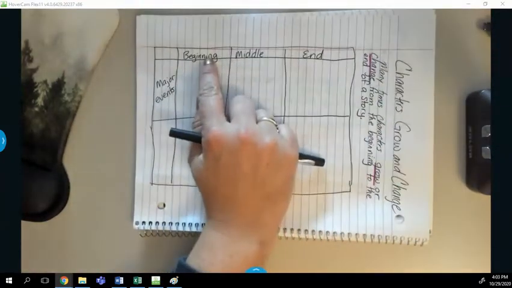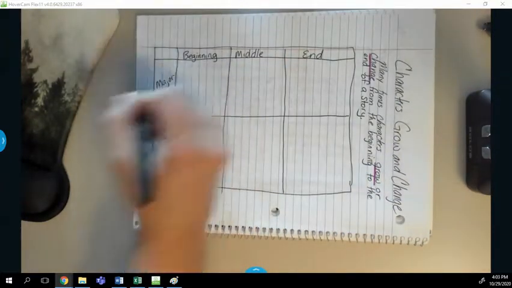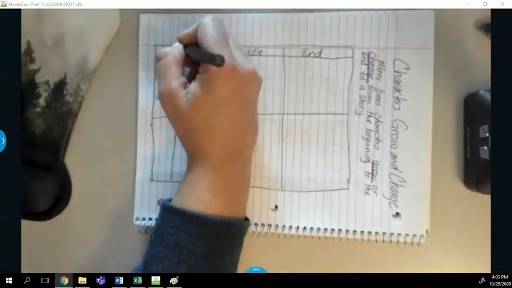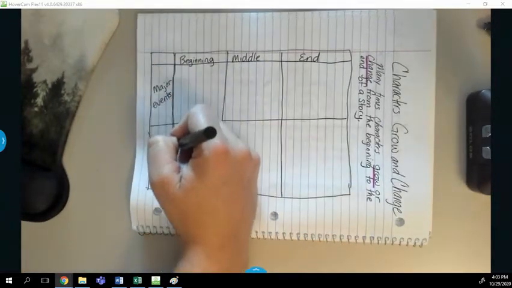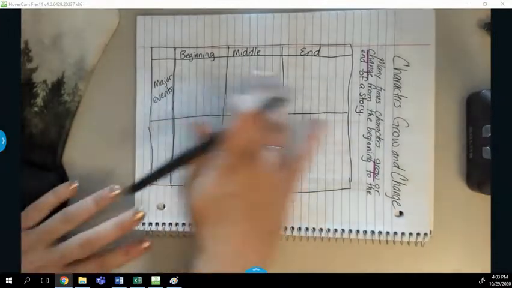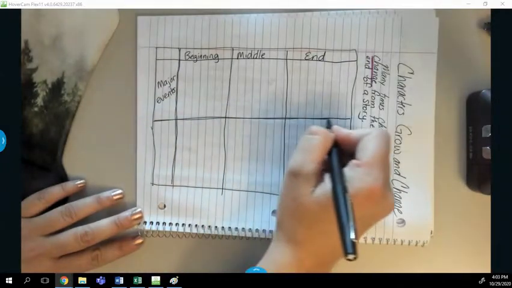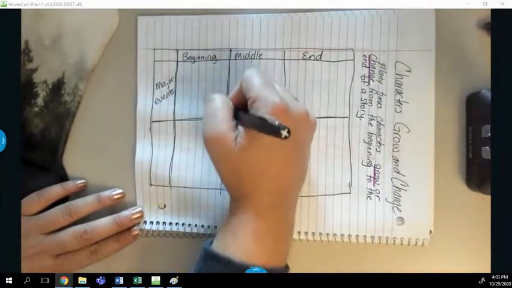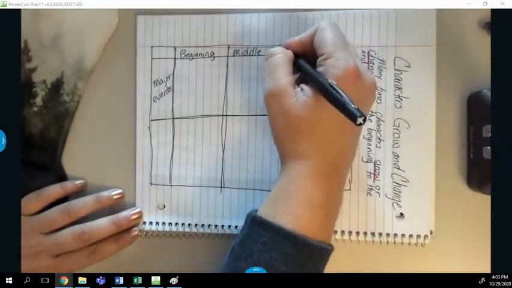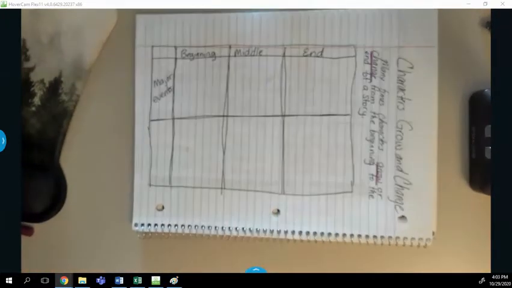I want you to write beginning, middle, and end. And then we're going to make another small section right here. And then the remaining large box, we're going to split in half, and then we're going to split into thirds.